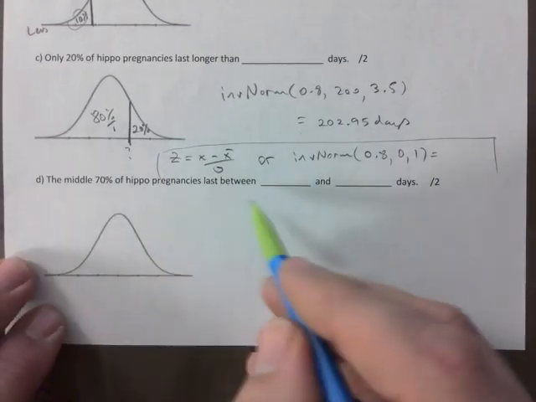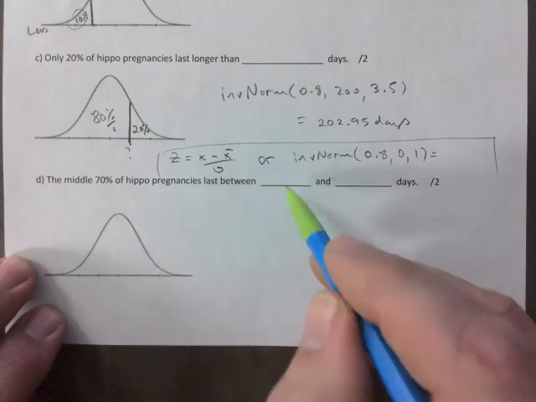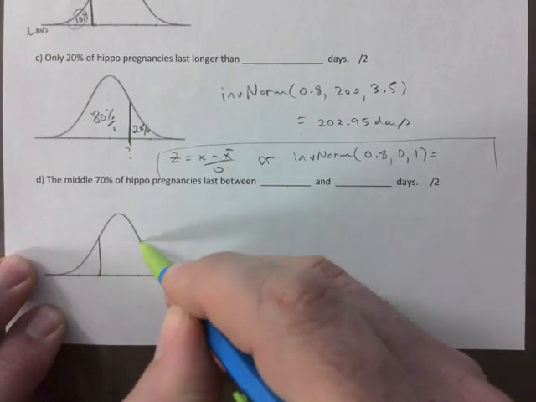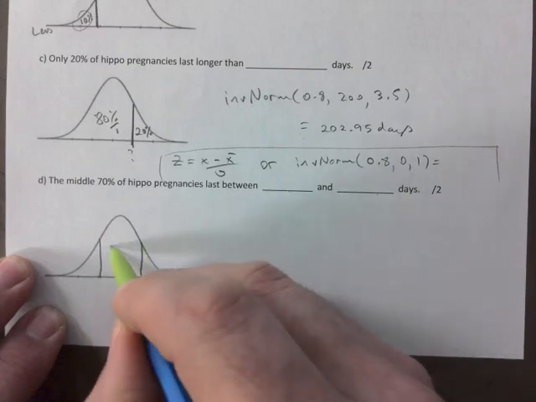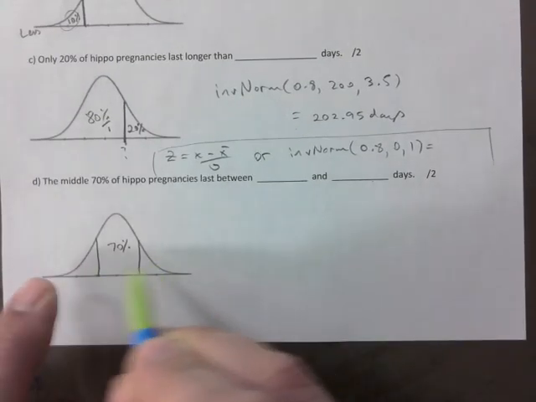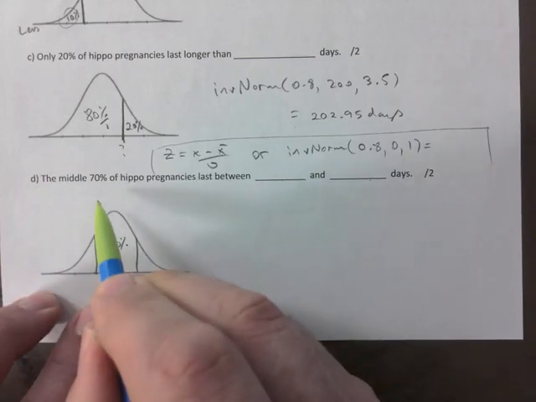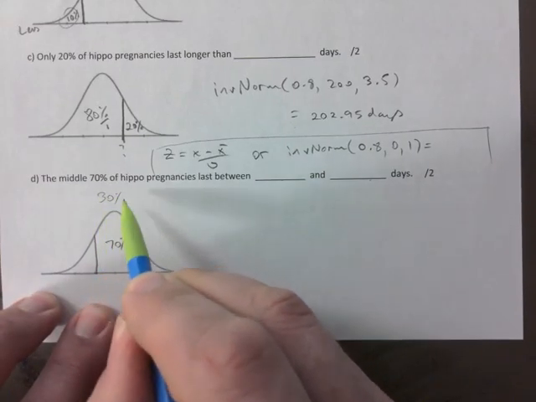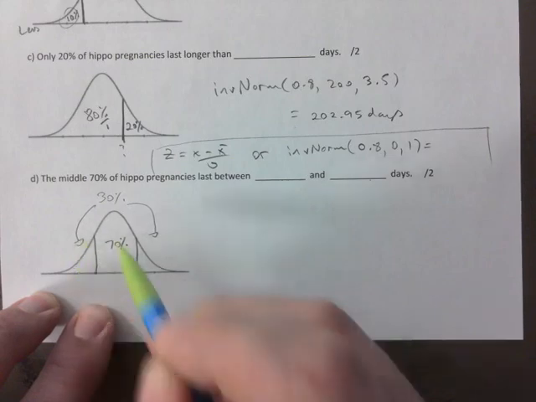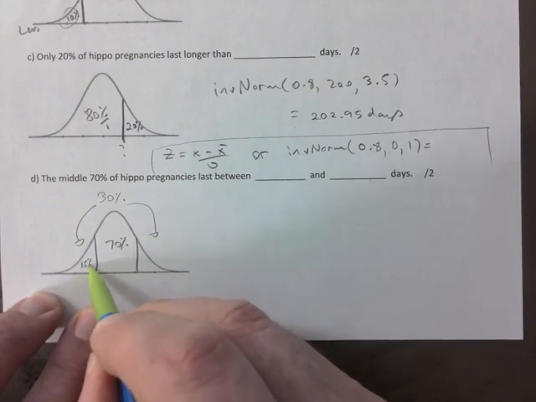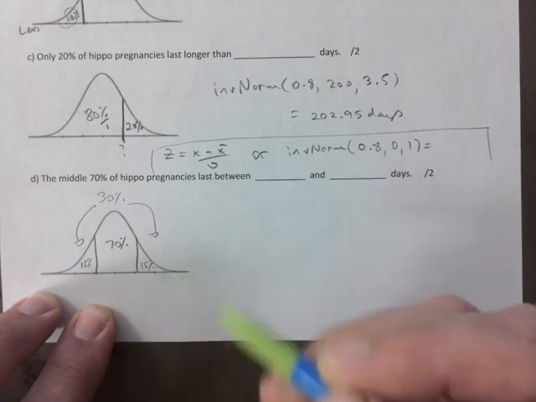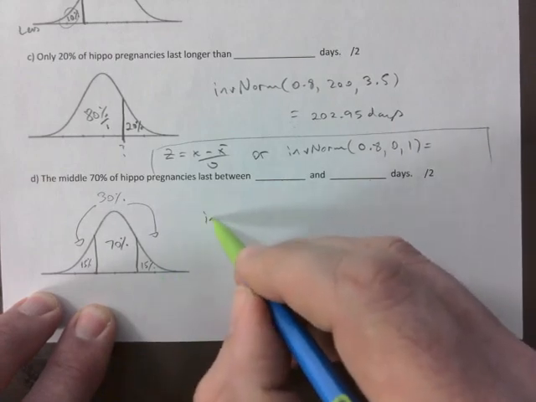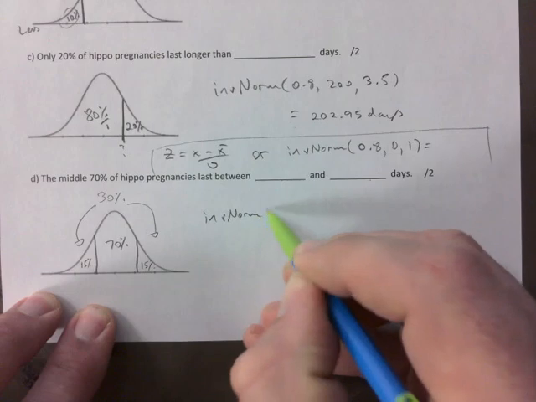The middle 70% of hippo pregnancies last between this and this many days. You literally go to the middle, and you know that's 70% we're talking about, which means that 30% needs to be split between these 2 sections. So this is 15, and this is 15. You have to do 2 inverse norms here.